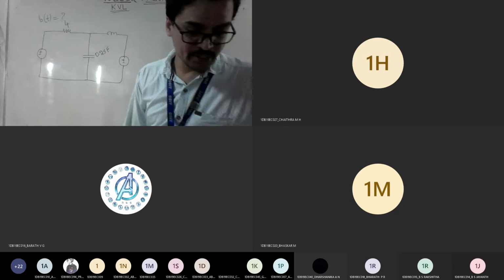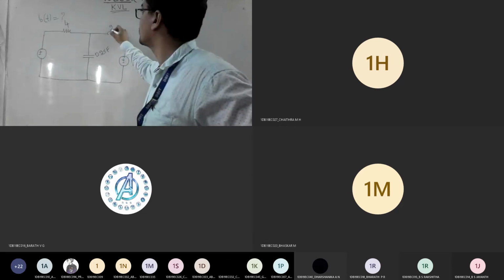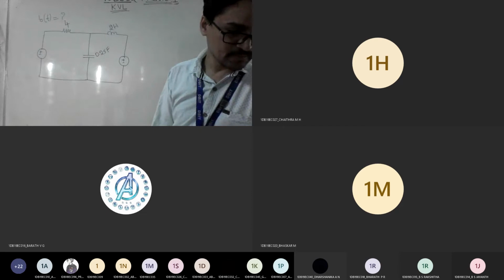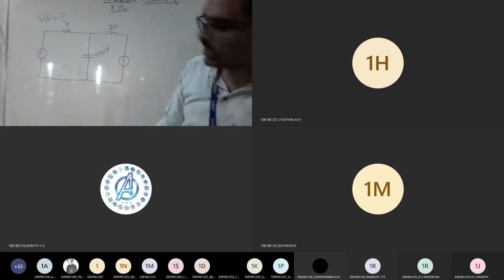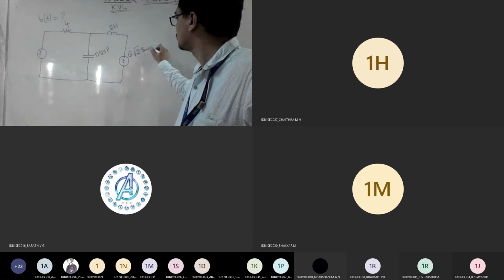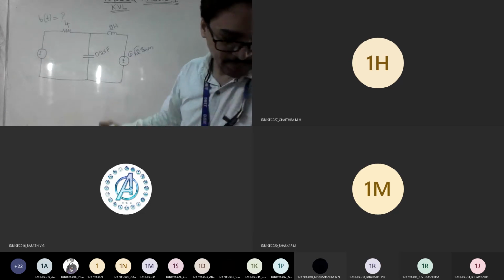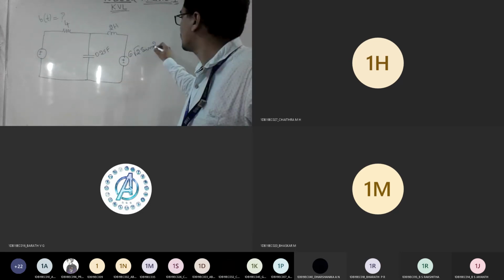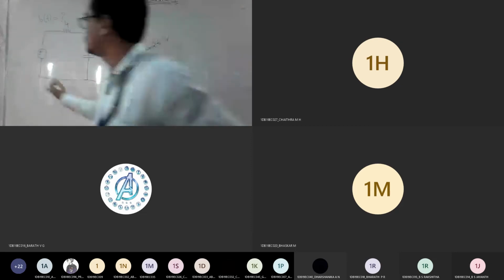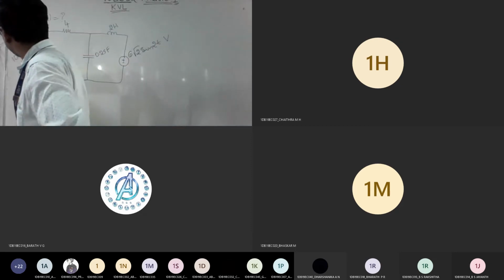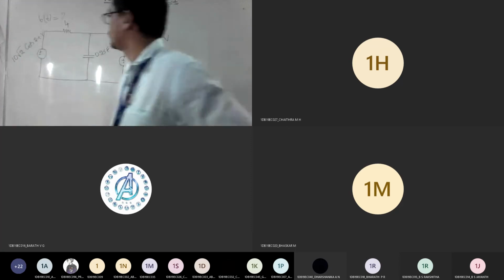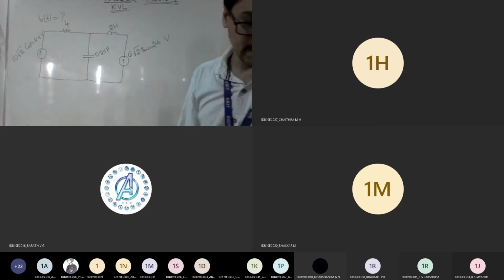Now I want you to tell the changes you can see from the previous problem to this one. 2 Henry is given. Then you have the value 6 root 2 sine 2t volts, and similarly 10 root 2 cos 2t volts. This is the given question.